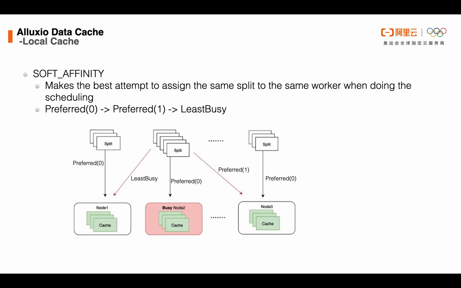We see that Presto will calculate two preferred nodes for every split, and it will try to schedule the split to the preferred nodes. And if both preferred nodes are busy, the split will be scheduled to the least busy node.